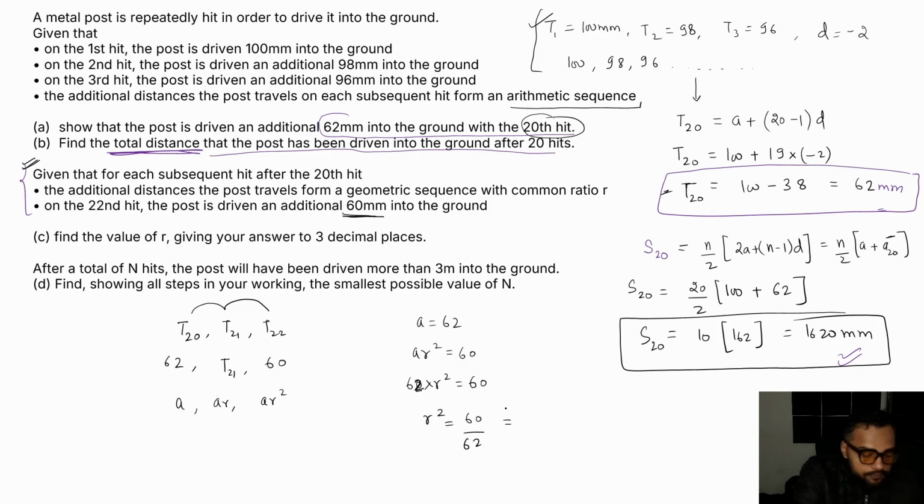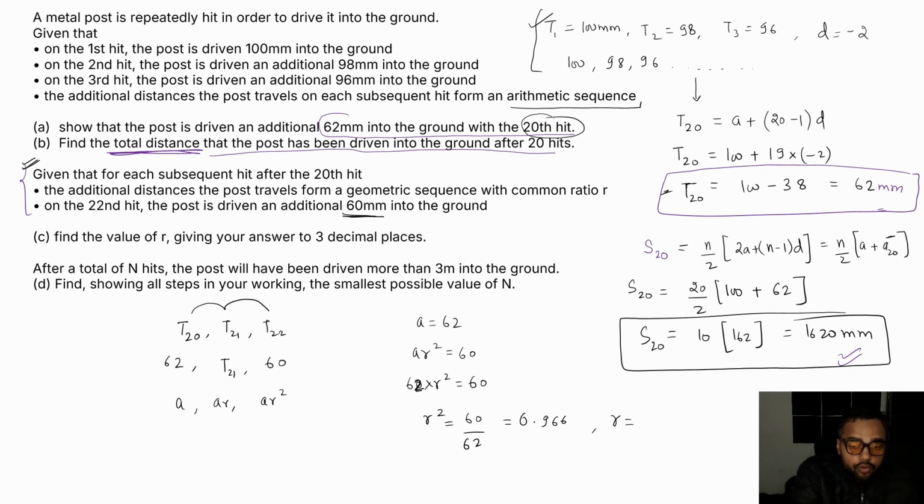That will be equal to, taking the division, 60 by 62, which is 0.966. So 0.966 is the value of R squared. From here, the value of R, students, we just need to take the square root of this value.